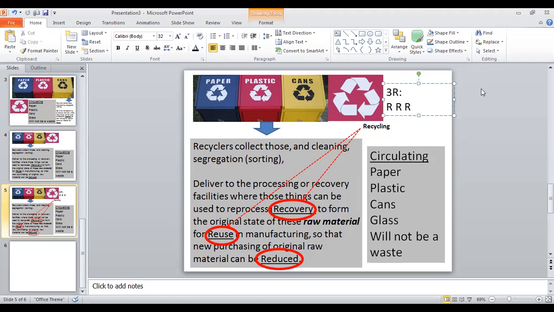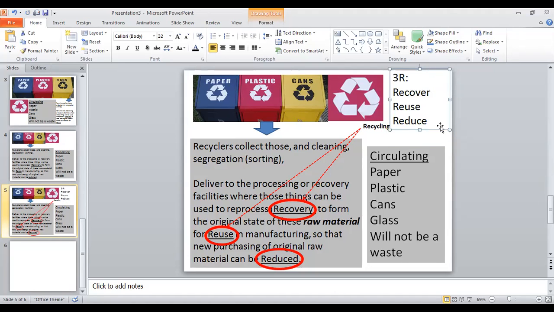This 3 R, of course, recover. Okay? Then reuse. And the other R may be reduce. Okay? So what's that, 3 R?